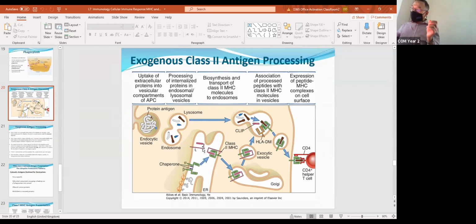So the invariant chain functions as a surrogate antigenic peptide by occupying this peptide groove, allowing for the two subunits to group together. But an additional function is that while this is happening, newly made class 1 molecules are being loaded with antigen. So by occupying this groove, you're preventing these newly made class 2s from being loaded with potential class 1 antigenic peptides. You're blocking those sites. Okay? All right, perfect. Thank you so much.